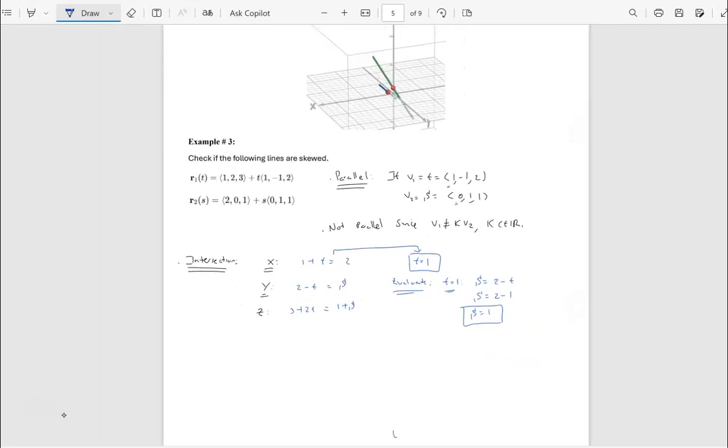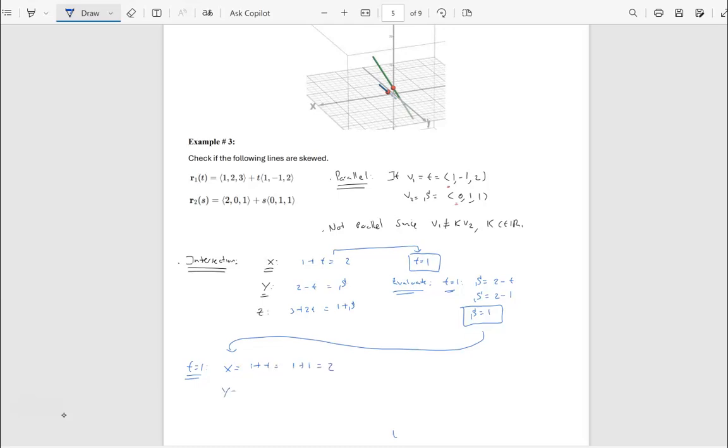Now, in this case, let me use t is equal to 1. You're going to find out that your x value is going to be 1 plus t, or 1 plus 1, which is 2.